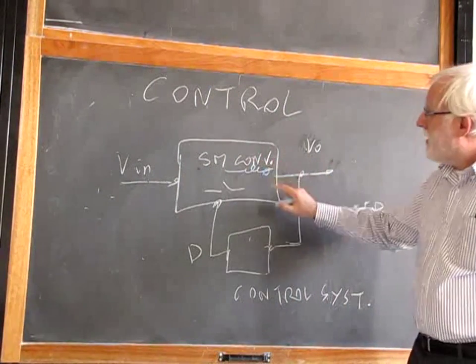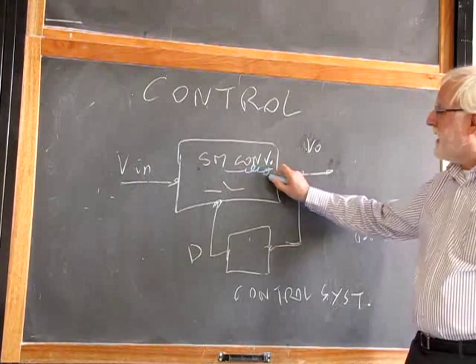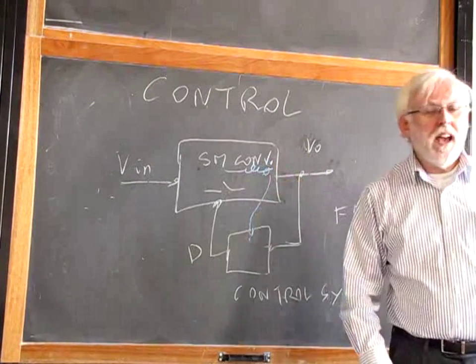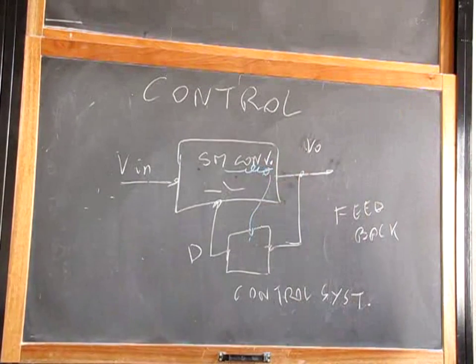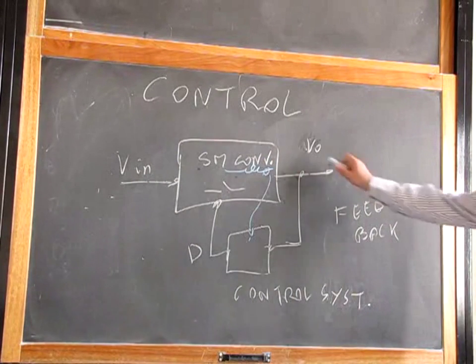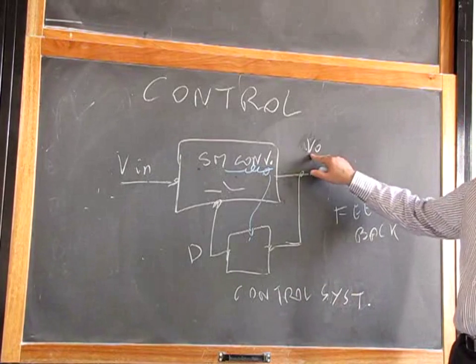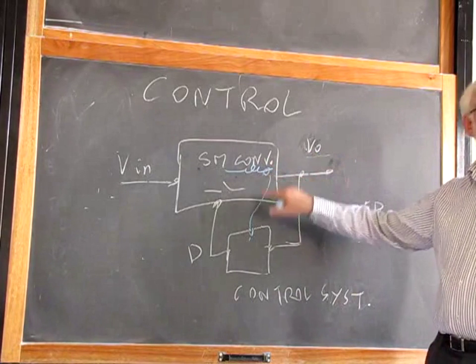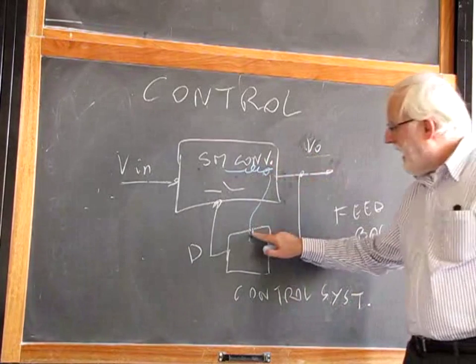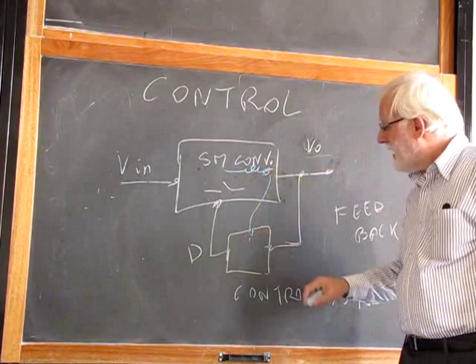So we can measure this current and feed it to the control system. And so we have a more performant control technique, because we don't only know the output voltage, but we also measure the other state variable. And we can control the state variable.